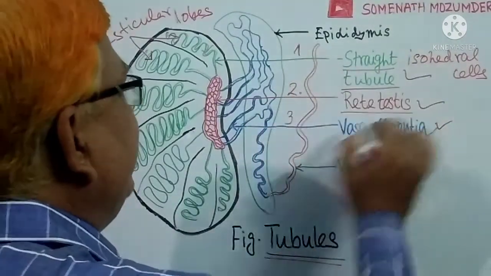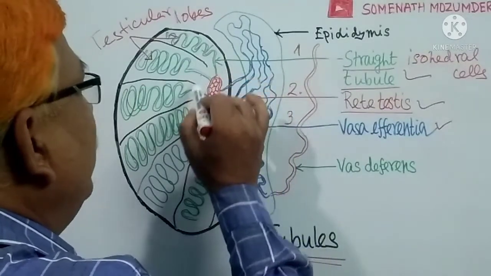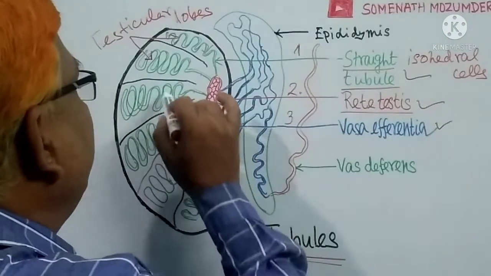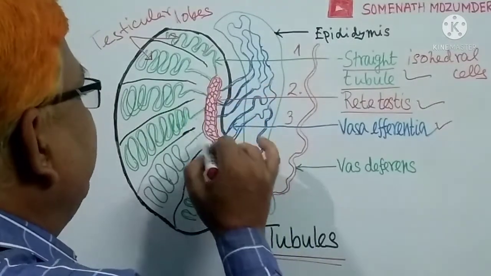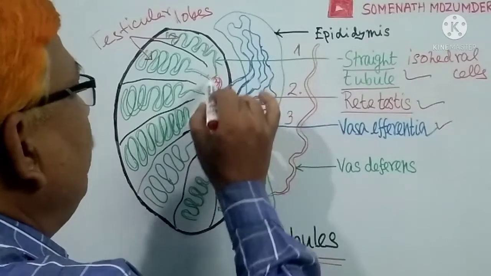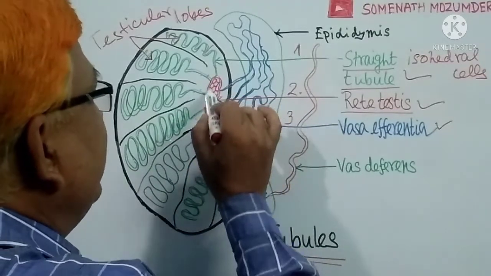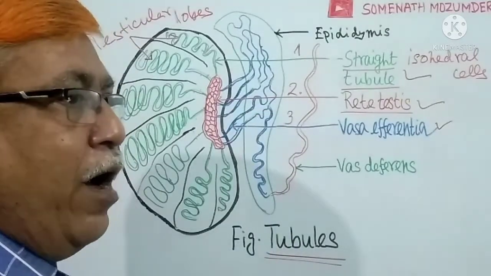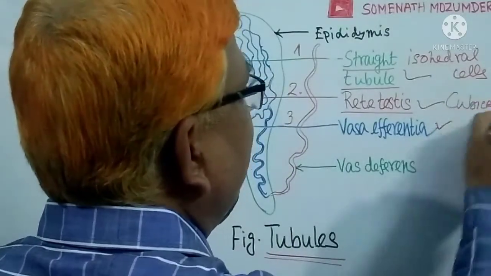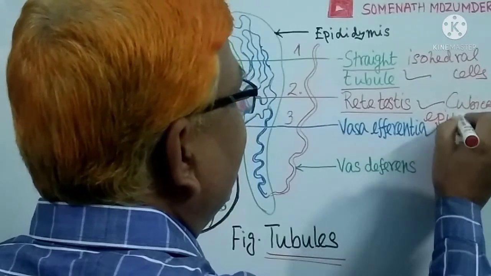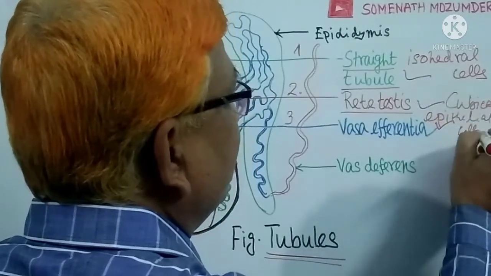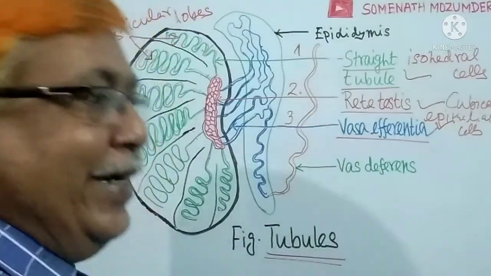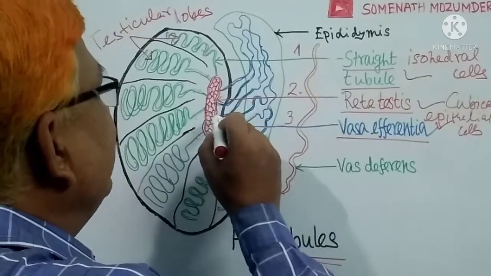2. Rete testis. Straight tubules of each testicular lobe unite to form rete testis. This is rete testis. They are made of cubical epithelial cells. Number 3, vasa efferentia. They originate from rete testis.